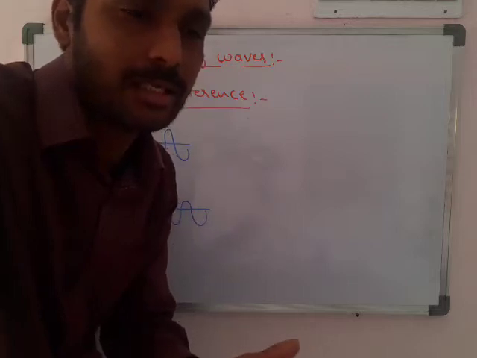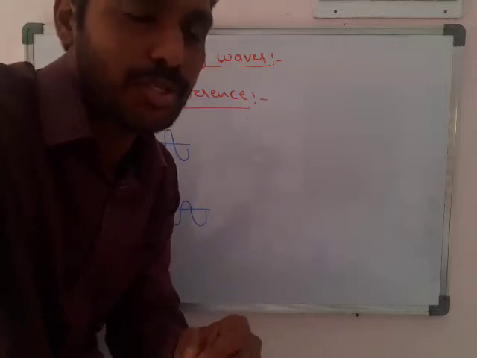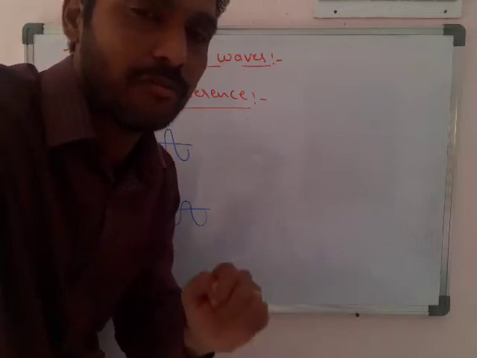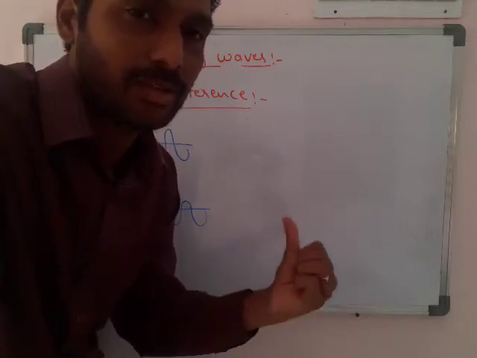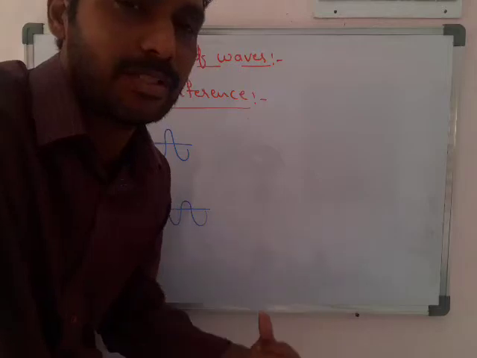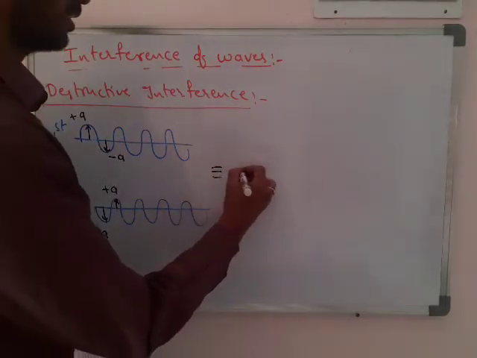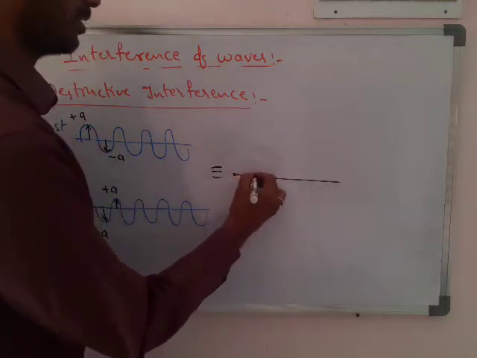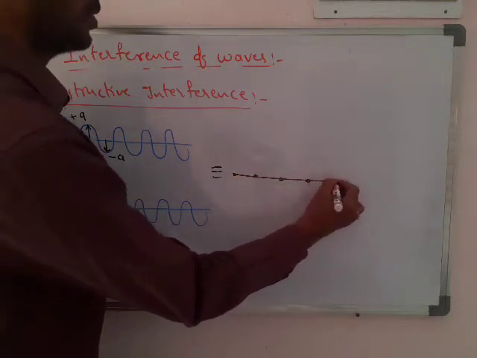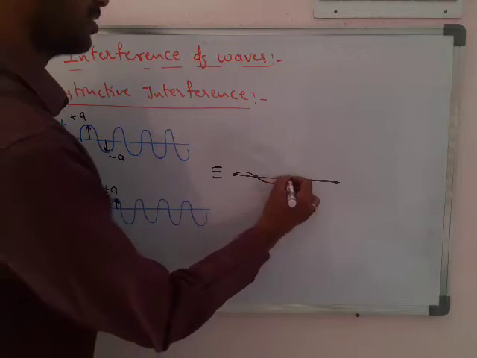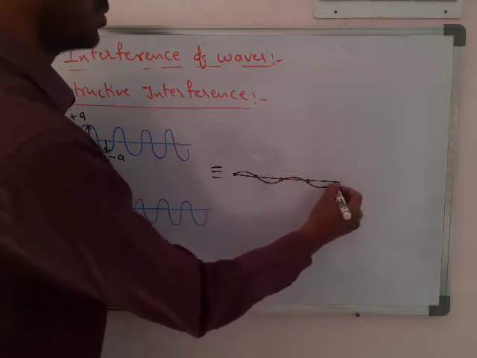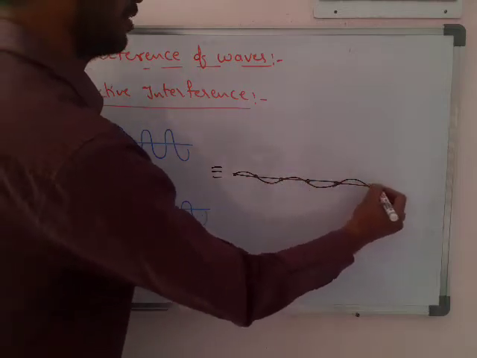There is exactly the combination of the crest with the trough of the second wave: the trough of the first wave is combined with the crest of the second wave. So we can draw it like this, sometimes even very small, a negligible wave character.